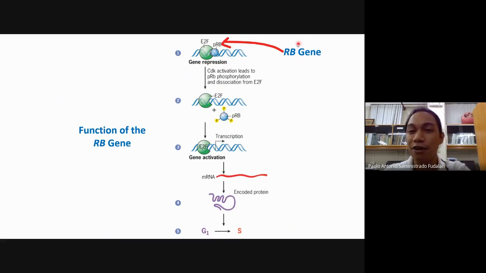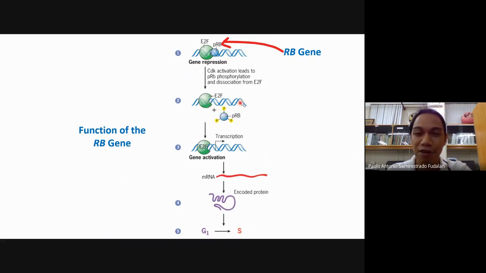So, if your RB gene is mutated, therefore, the protein RB that it produces will not be able to function. So, instead of by default stopping this transcription of this mRNA, the faulty RB gene will produce a protein RB that doesn't do anything at all.